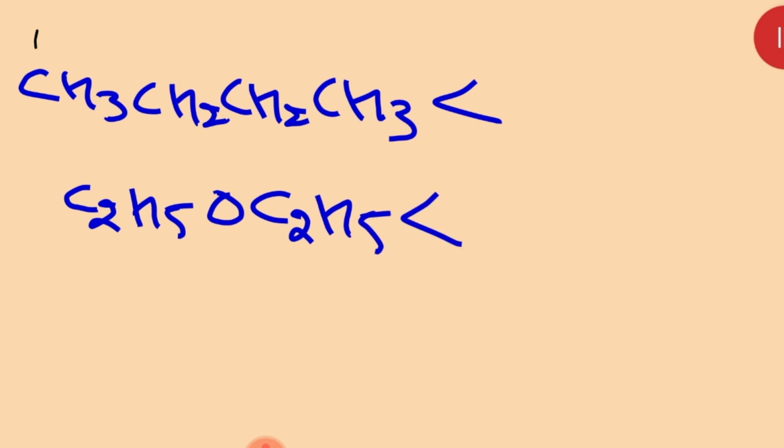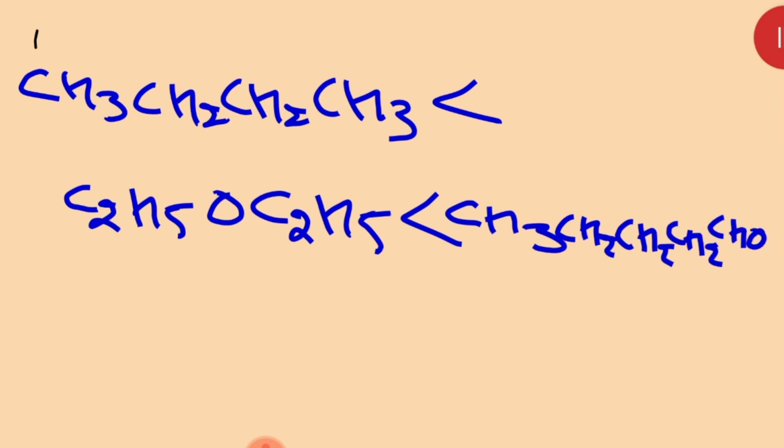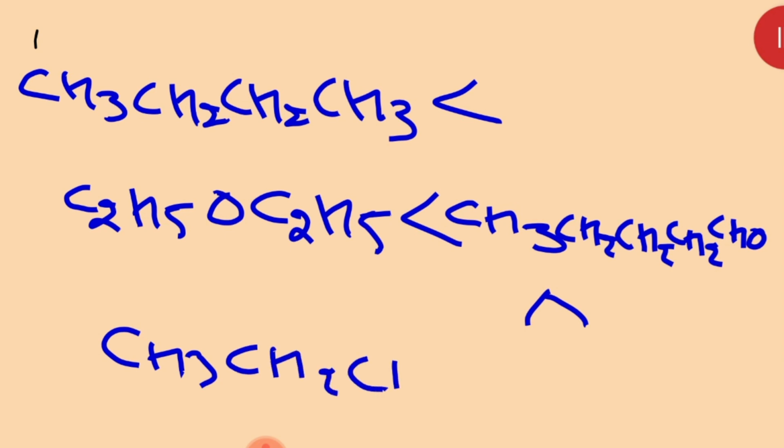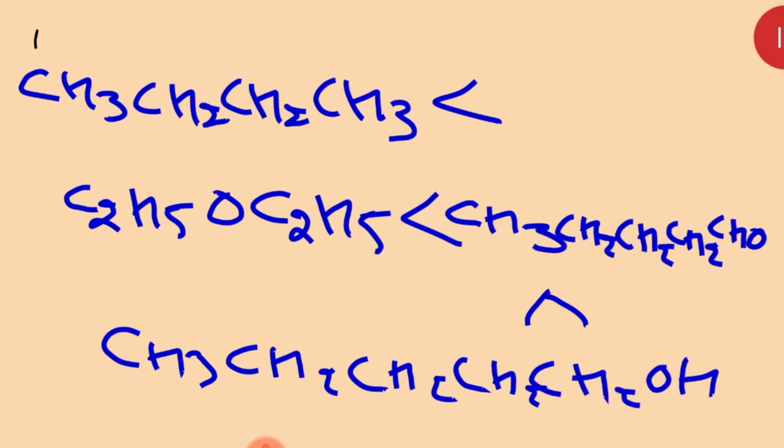Next one will be pentanal: CH3, CH2, CH2, CH2, CHO. This is called pentanal. And the last one is pentan-1-ol: CH3, CH2, CH2, CH2, CH2OH.